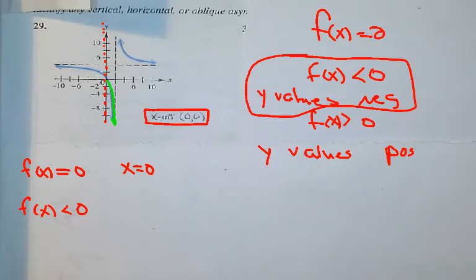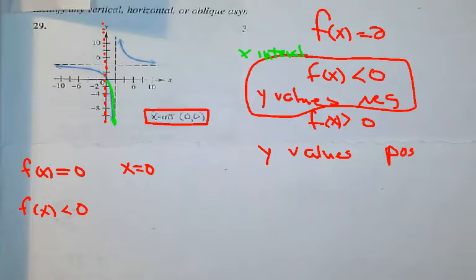And you have to tell me the x intervals. This is all x values. What x numbers can I pick that make the y values less than 0? That's what I want to know. So it's an x interval.